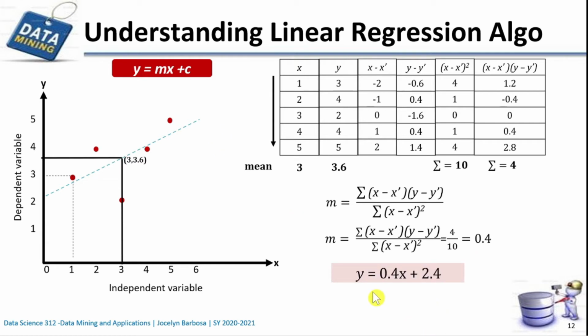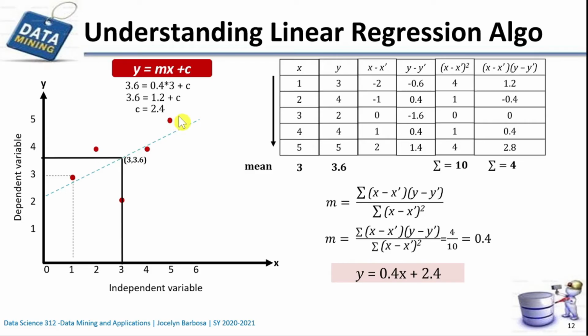And so we have this equation, y is equal to 0.4x plus c. But how do we get c here? If we take a look at this, we have y is equal to mx plus c. Substituting the value of our y, which is the mean y, that's 3.6, and the mean x is 3. So we have 0.4 times 3 plus c, and so we can solve for c, which is 2.4.